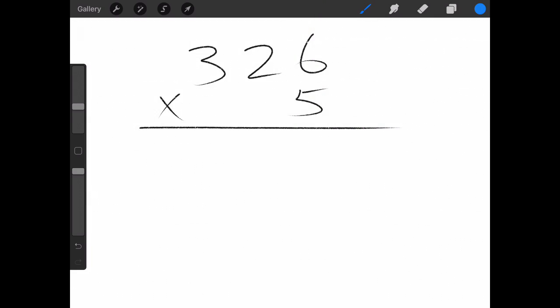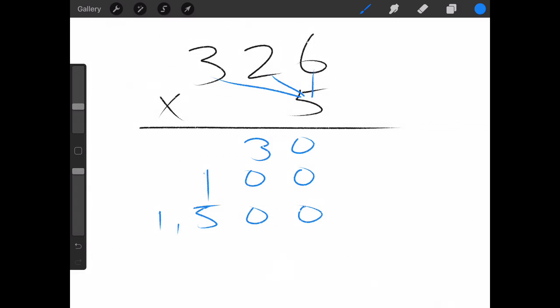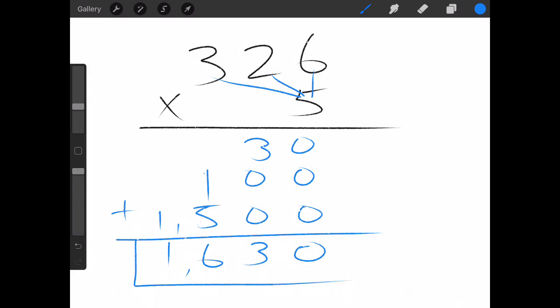Again, I know that 326 really is going to break apart into 300 plus 20 plus 6, so I'm going to multiply each of those parts individually. 5 times 6 gives me a partial product of 30. I'll try and squeeze this in. I feel like it's going to be tight. 5 times 20 is going to give me a partial product of 100. And 5 times 300 is going to give me a partial product of 1,500. And then I just add up my 3 parts. I get a final product of 1,630.